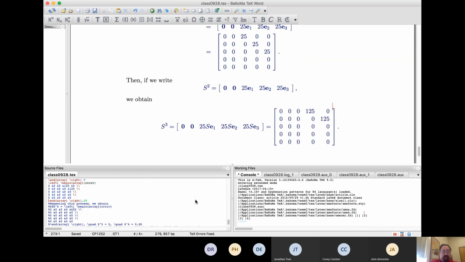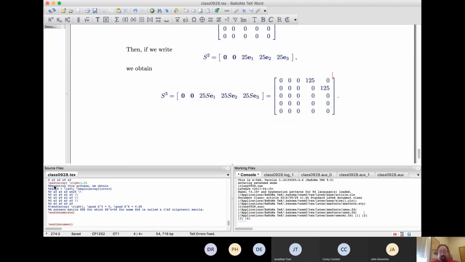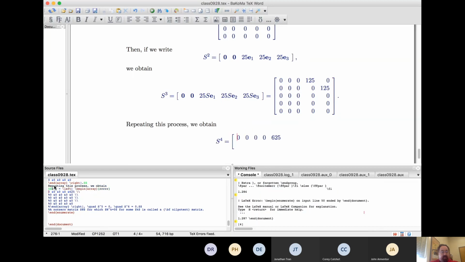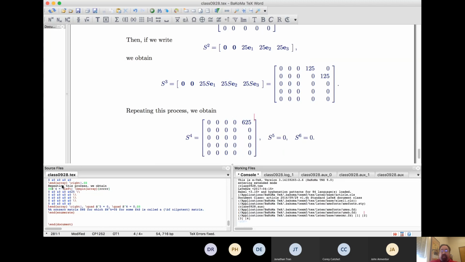So you can imagine what's going to happen if I were to continue. That now I can take these numbers, multiply them by 5 again. And now we move to the last diagonal. We have a 625 here on the 1, 2, 3, 4th diagonal above the main one.